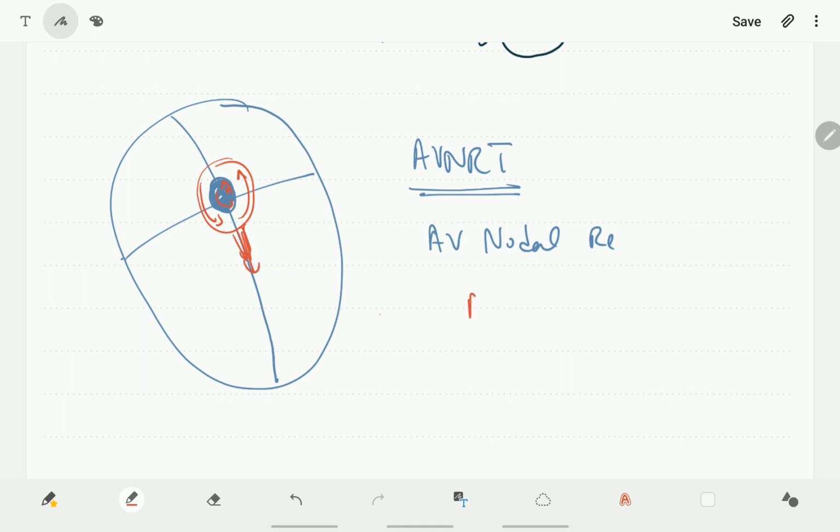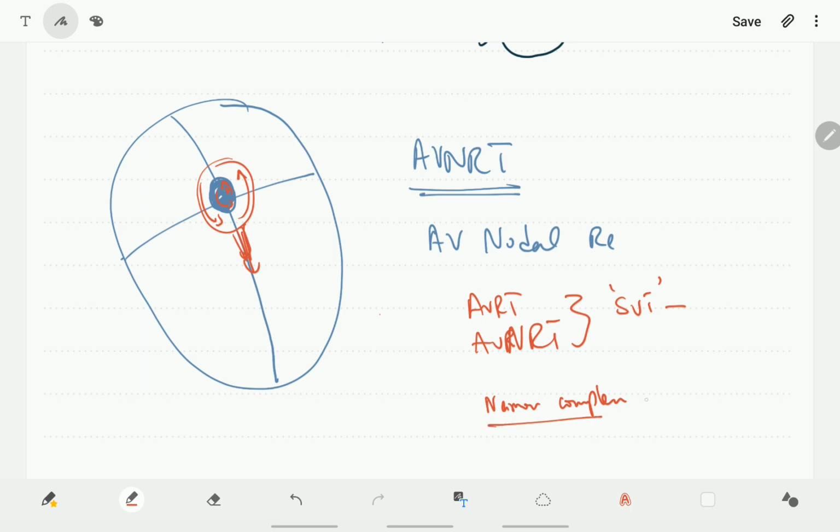So AVRT and AVNRT were traditionally called the SVTs, and on an ECG they appear similar, because they appear as narrow complex tachycardias, and they're identical on the ECG.